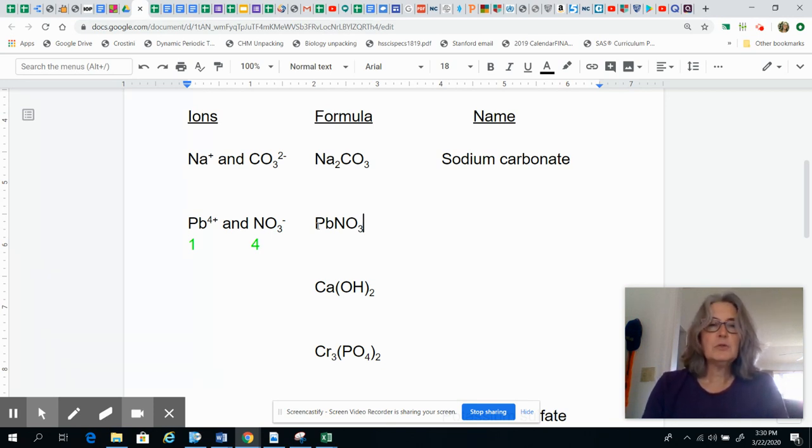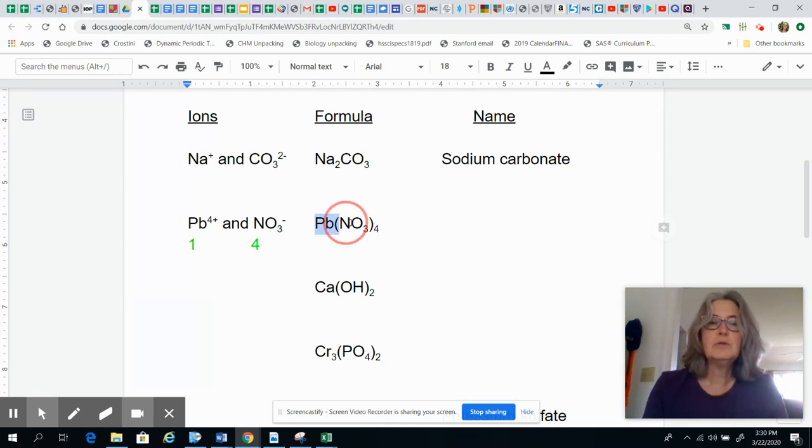We want to make sure that it's clear that there are 4 of the whole ion: 4 nitrates, not 4 oxygens. So to show that the 4 applies to the entire polyatomic ion, we put parentheses around the polyatomic ion, and then we put in the 4.